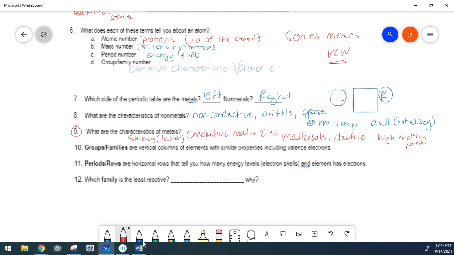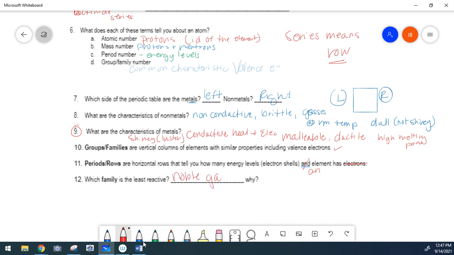Groups and families are vertical columns of elements with similar properties, including valence electrons. That is definitely true. Periods and rows are horizontal, that tell you how many energy levels an element has. Which family is the least reactive?